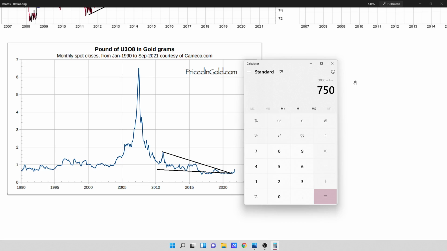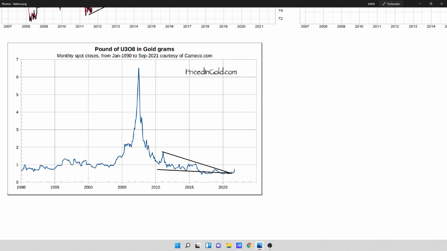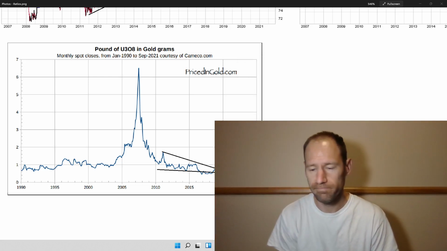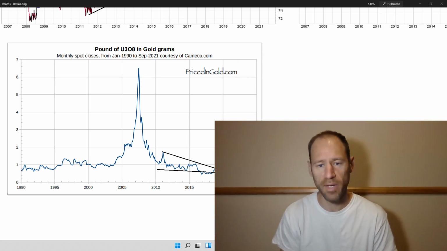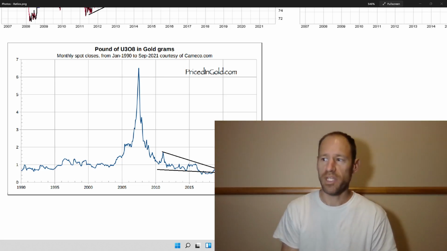And I think that the high likelihood is that we're probably going to meet somewhere in between those two numbers, and it could even go higher than this, depending on what gold does. And that's just an inflation-adjusted measurement. So in uranium, I think we could go anywhere between $300 and $1,000 a pound. That's kind of my guess, if I were to take a guess.